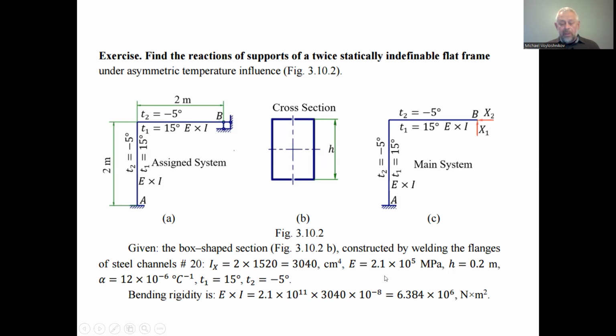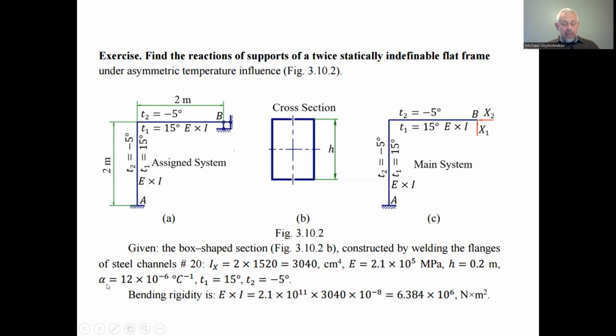The elasticity modulus is 2.1, for carbon steel, multiplied by 10 to the power of 5 megapascal, and the h in the international system of units, for channel number 20, the h is 20 centimeters, but it is 0.2 meter in the international system of units as well.